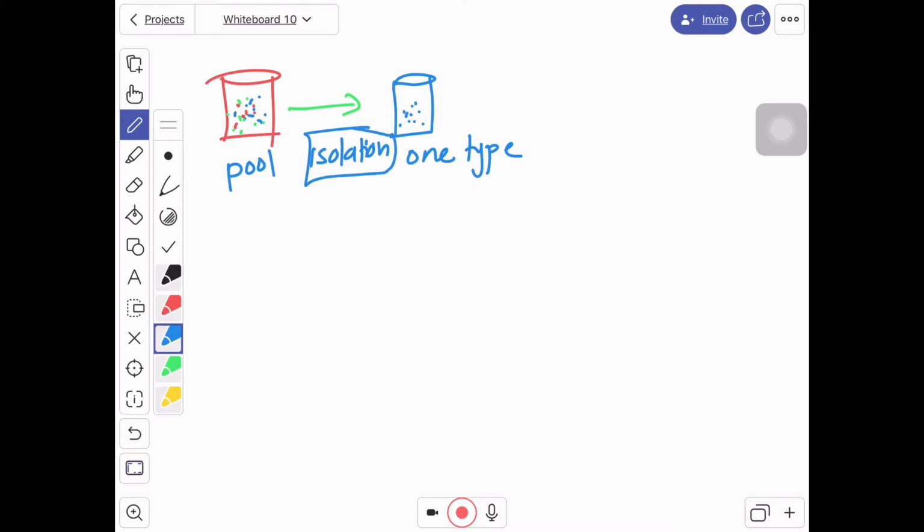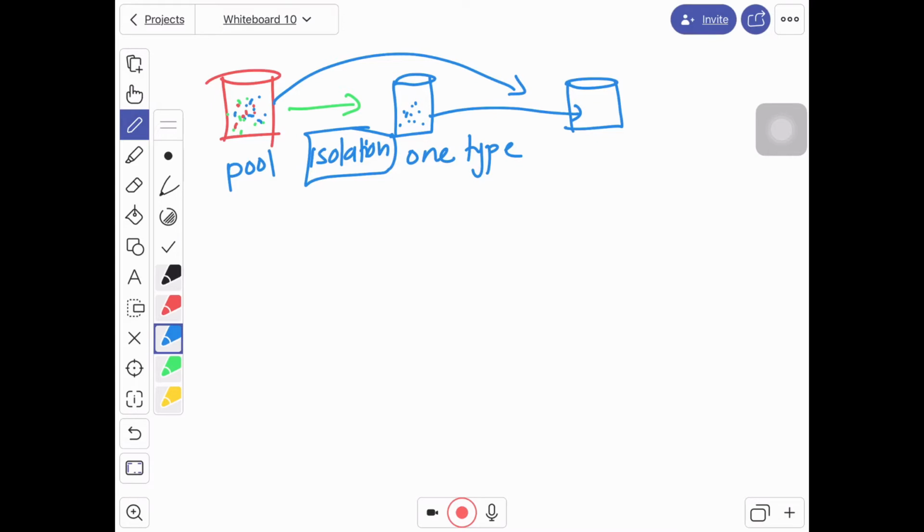It can be done two ways. We'll transfer all these microorganisms to an environment where only our desired one can grow. That means we will remove other types of microorganism by not giving conditions which are required for other microorganisms to grow.